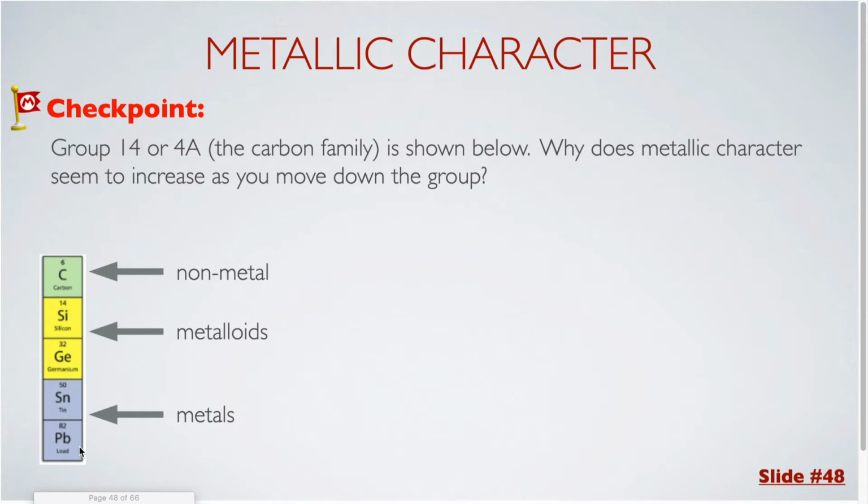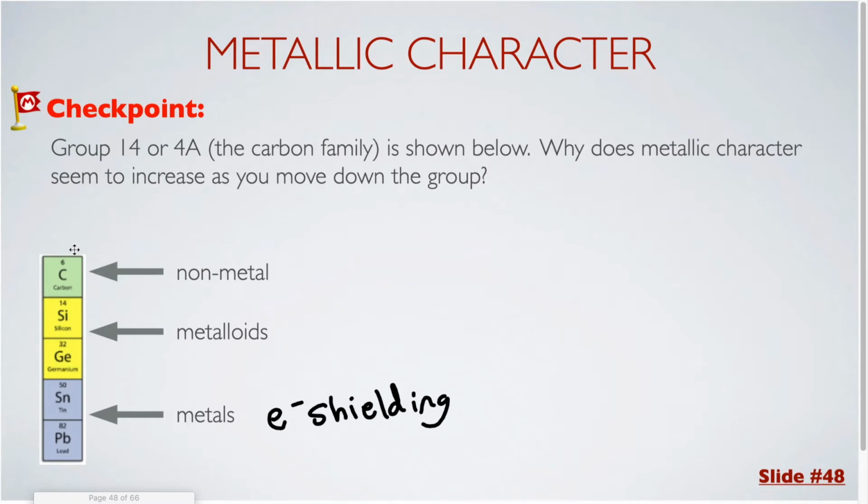Now, metallic character deals with whether or not the atoms are going to want to give up electrons. And we can think about this in terms of the amount of attraction that these nuclei are going to have for their electrons. As I go down this family, there's going to be an increased amount of electron shielding.